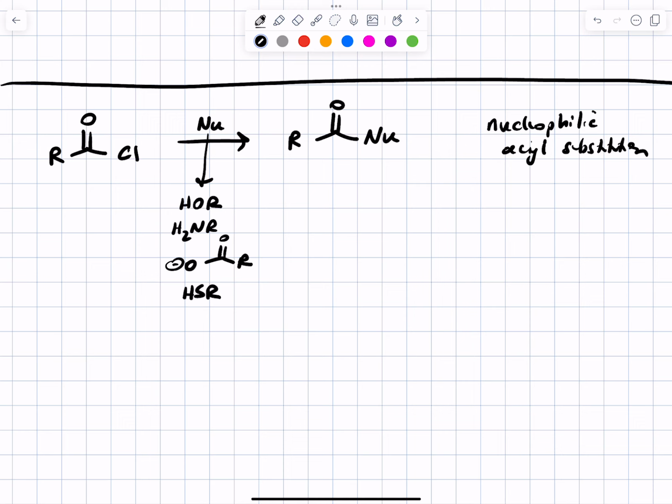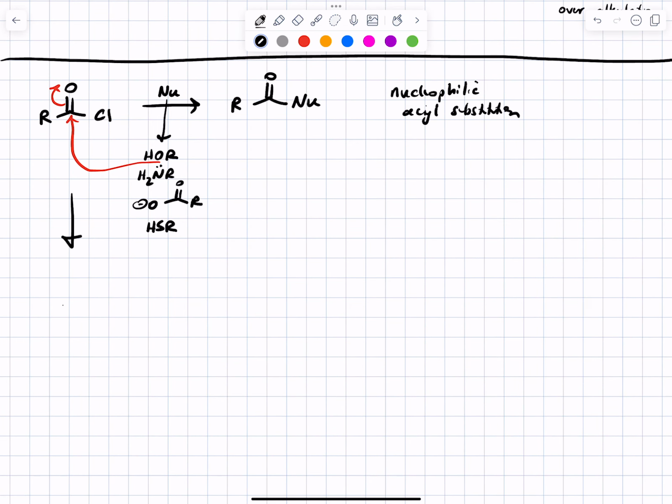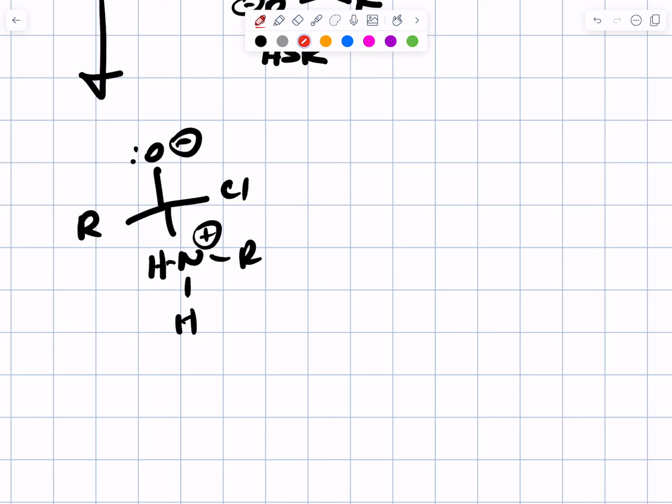That is, you could have, say, let's do the amine, attack the pi star to get a tetrahedral intermediate. That would look like this. There are a couple different ways you could show these next steps.